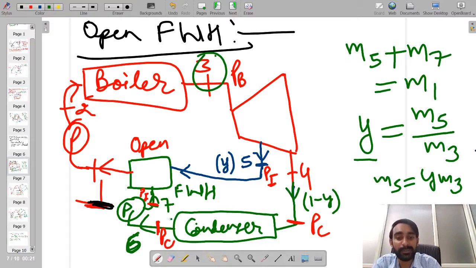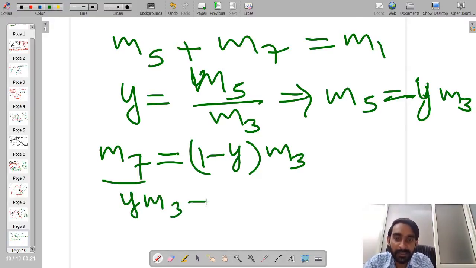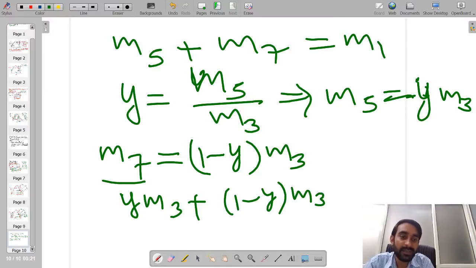So whatever mass we have at point number 4, we will have the same mass at point number 7. So m7 has become 1 minus y times m3. Now if I substitute all these values over here, y times m3 plus 1 minus y times m3 is equal to m1.